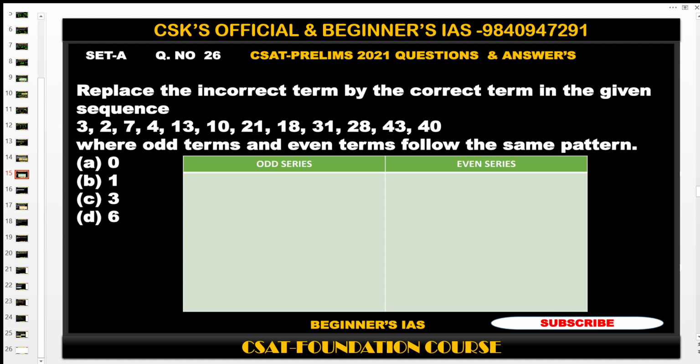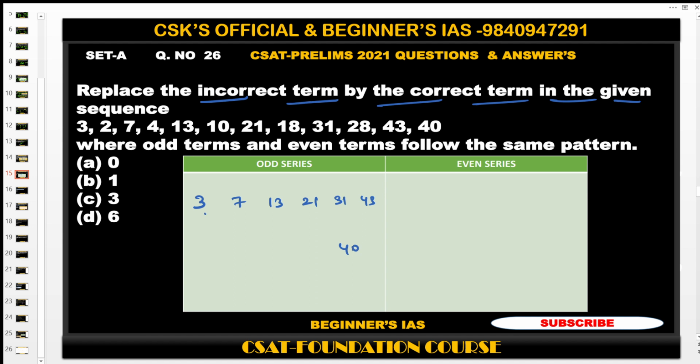So now listen. Replace the incorrect term by the correct term in the given sequence, where odd terms and even terms follow the same pattern. Odd terms: 3, 7, 13, 21, 31, 43, 40.